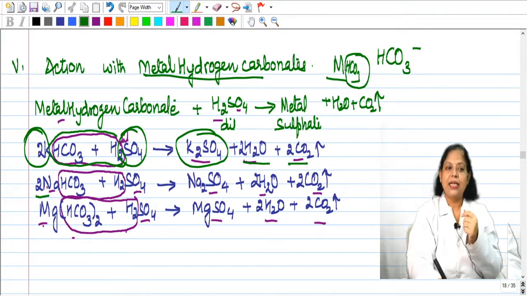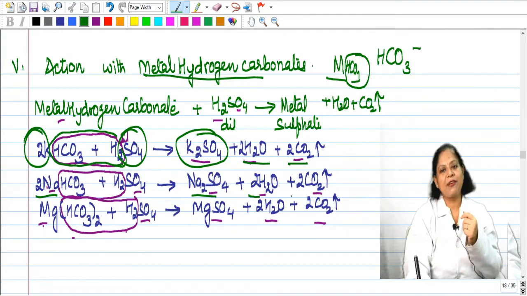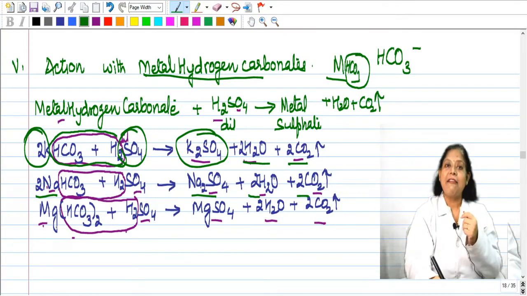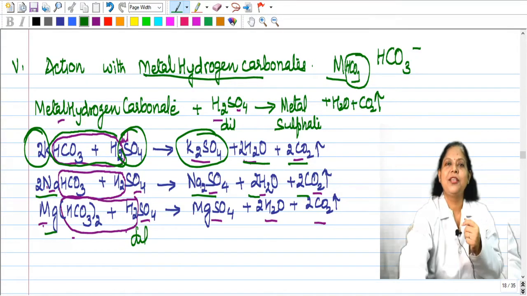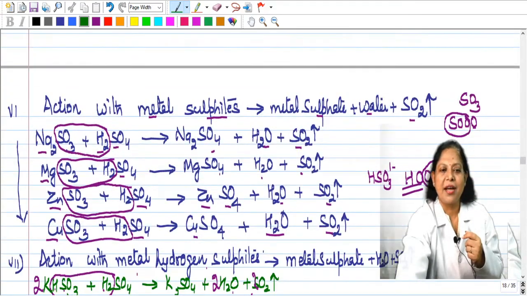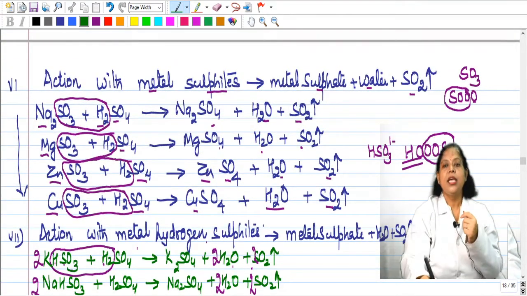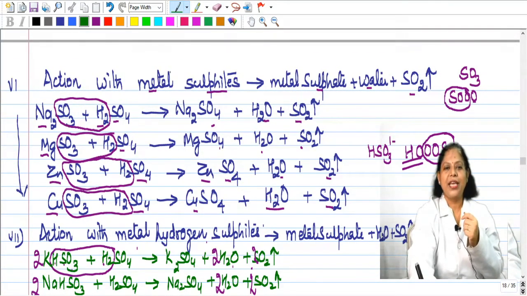So similarly, if you take sodium hydrogen carbonate, you will get sodium sulfate, water, carbon dioxide. Likewise, magnesium carbonate will combine with sulfuric acid, dilute, and you will get magnesium sulfate, water, and carbon dioxide. Okay, now we move on to the metal sulfides.